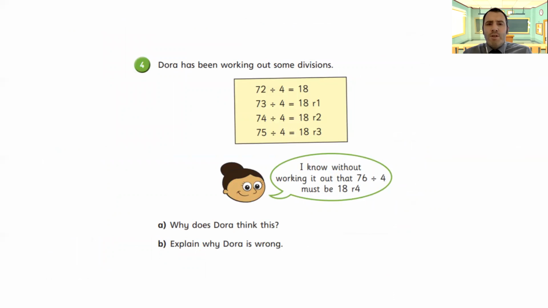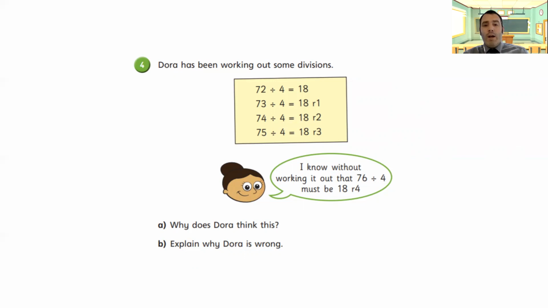Dora's been working out some divisions. 72 divided by 4 is 18. 73 divided by 4 is 18 remainder 1. 74 divided by 4 is 18 remainder 2. 75 divided by 4 equals 18 remainder 3.